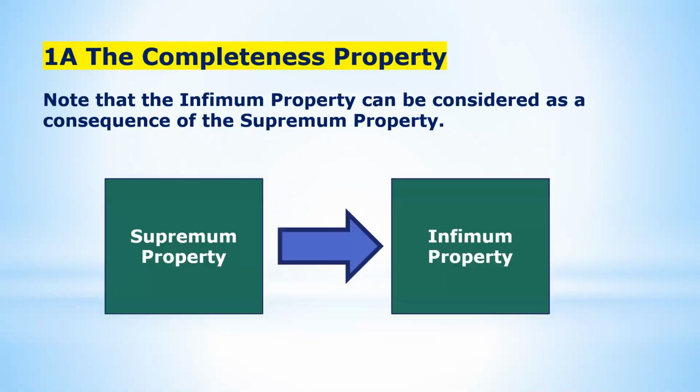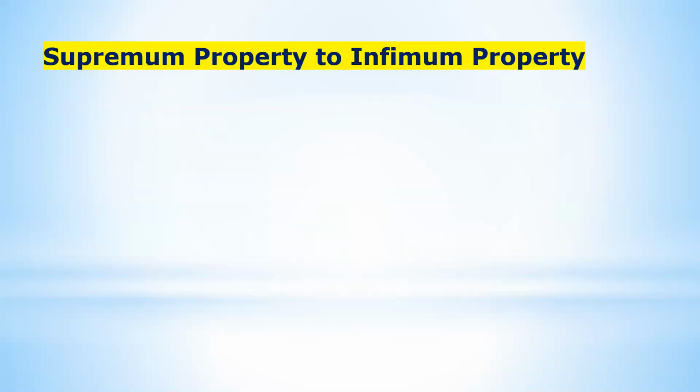Then I will automatically be able to get the other one. So this is what I want to show you first. That means I want to show you how you can go from the supremum property to the infimum property, or vice versa. This process is a proof, and by going through this process, I actually review with you some of the proof arguments.